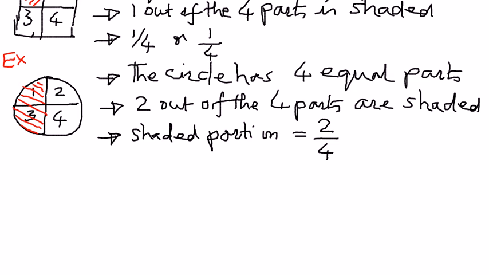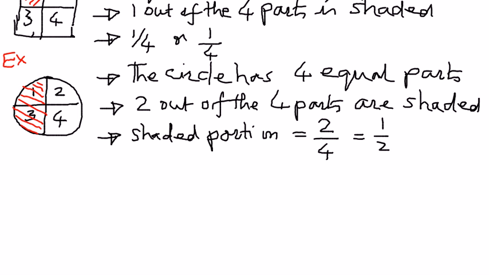We can also simply write this as 1/2. Half of the circle is shaded. That is how we can understand fractions. A fraction can represent the number of equal parts of a whole. That is how we want to understand that.